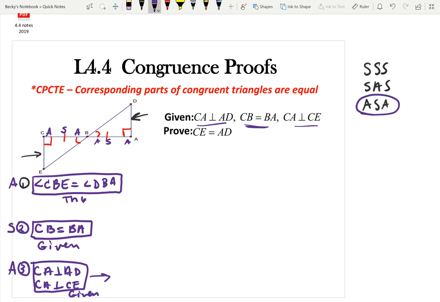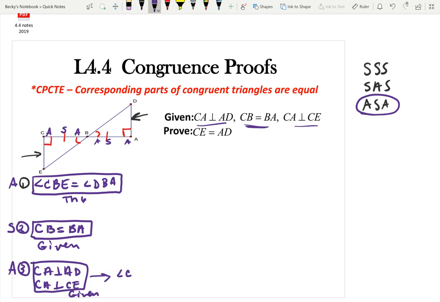And how do we know perpendicular lines form right angles? Look at your sheet and find the theorem that tells you that. That is Theorem 7, which says perpendicular lines form right angles. Now, just because it's a right angle doesn't mean we know it's 90 degrees yet. So don't jump ahead. We can say, where are the right angles?